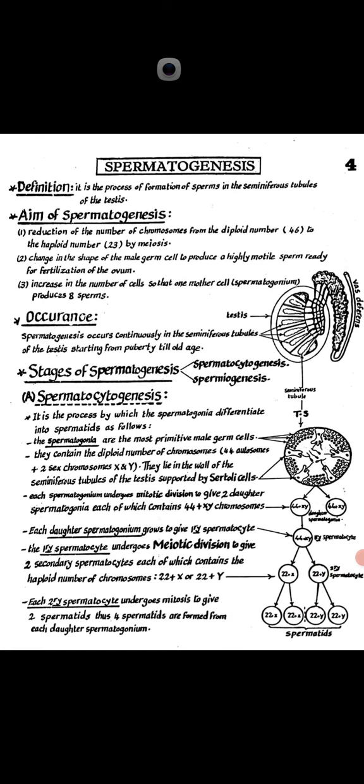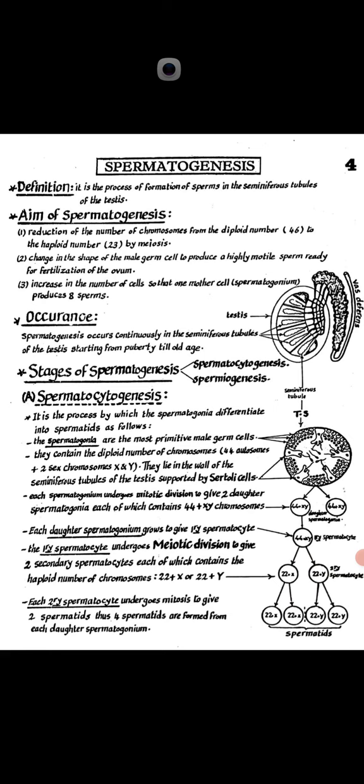The third S is the Sertoli cell, which supports it. And next is the interstitial cell, which produces testosterone, not sperm.